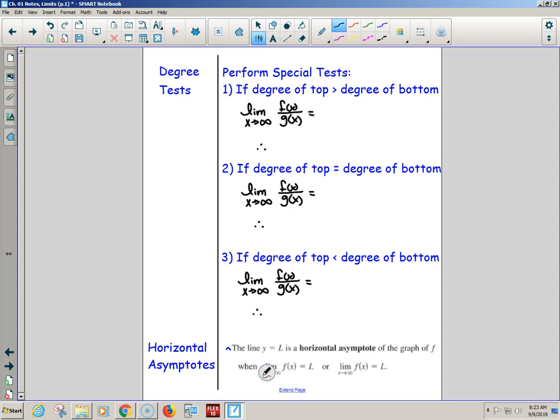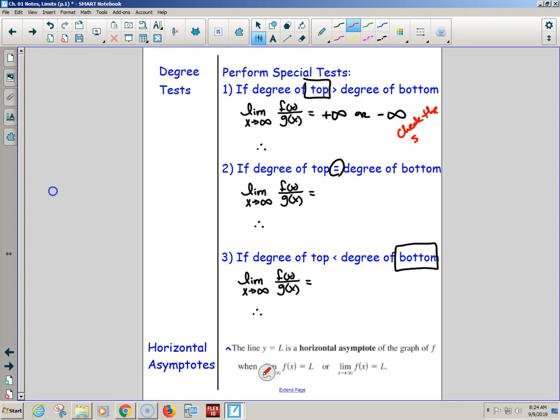But for right now, there's the top wins, the bottom wins, or there's a tie. In the order of my notes, top wins, or there's a tie, or the bottom wins. If the top wins, I'm either going to positive infinity or negative infinity. And whenever we have positive or negative infinity, what do I say?